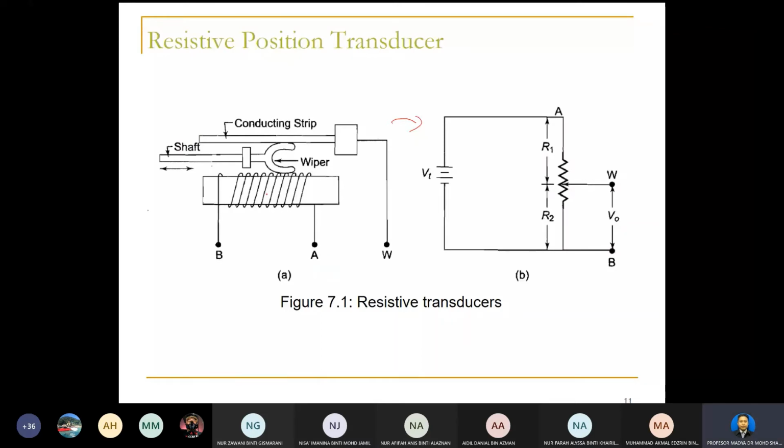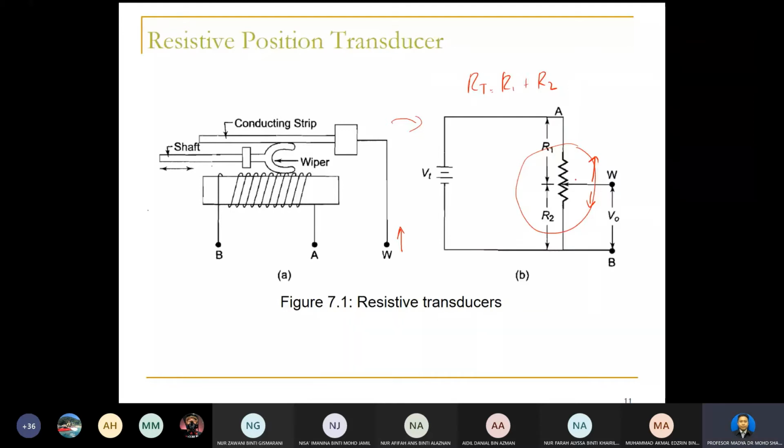We call it a variable resistor here, with R1 and R2. So R total will be R1 plus R2. This will move to the left or to the right. You can move here or maybe here. So the total R here will be R1 plus R2.